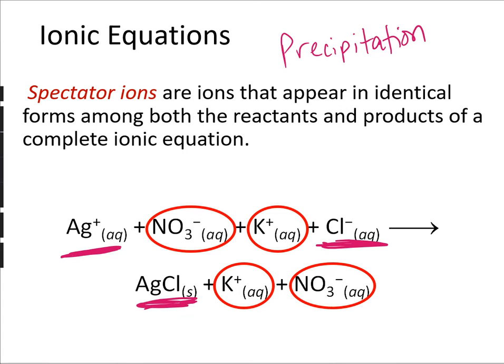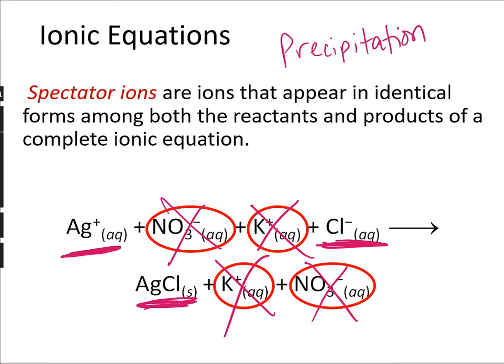Spectator ions, similar to what you see in math. When you have the same thing on both sides of the equation, just imagine them canceling each other out. So these would cancel out. So they're not actively participating in this reaction. They're not basically producing this precipitate that was formed.